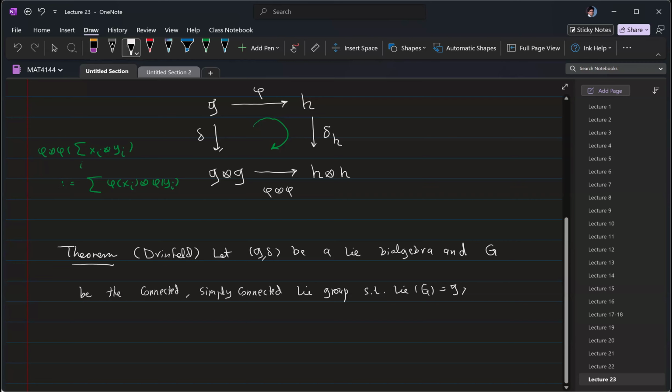This is one of Lie's theorems. We discussed this theorem, but we didn't prove it in this course. But anyway, such a thing exists.